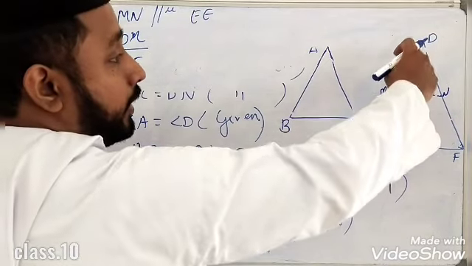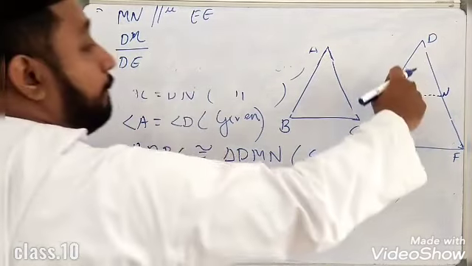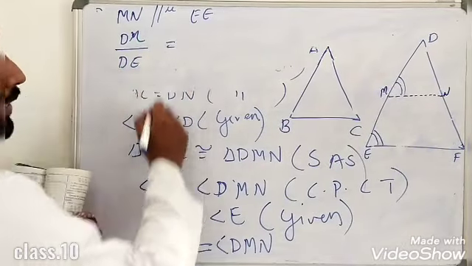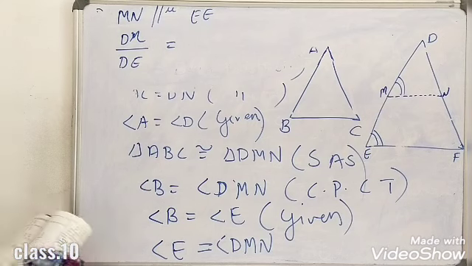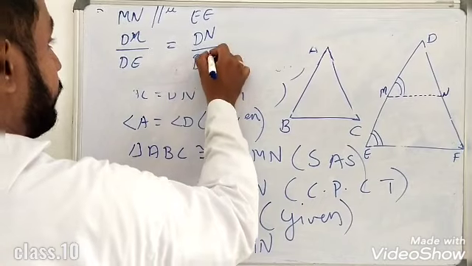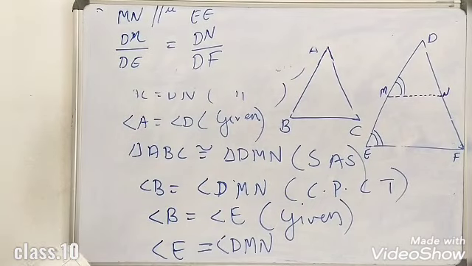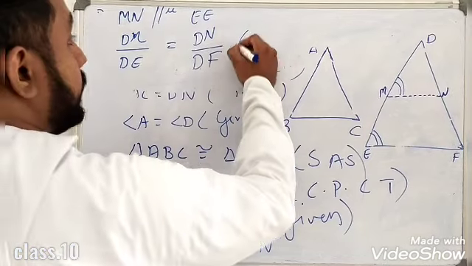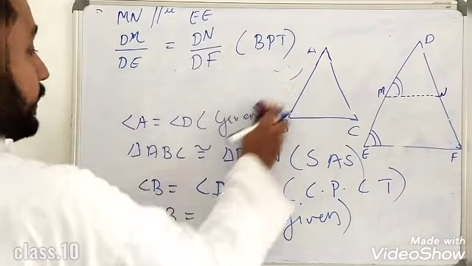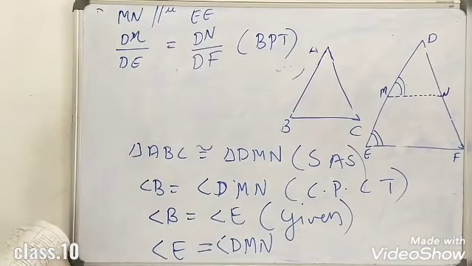In that corollary we take one result, DM by DE is equal to DN by DF, by the basic proportionality theorem.